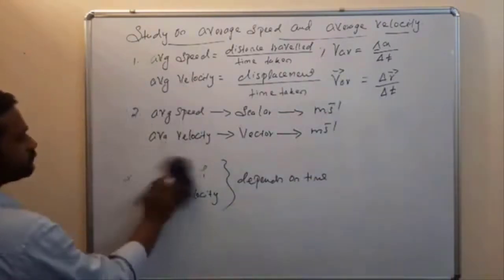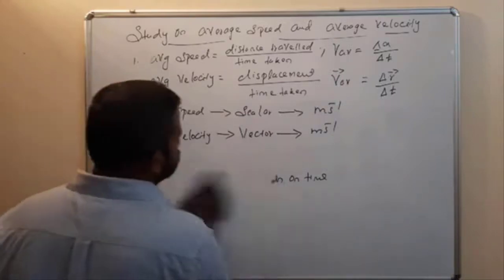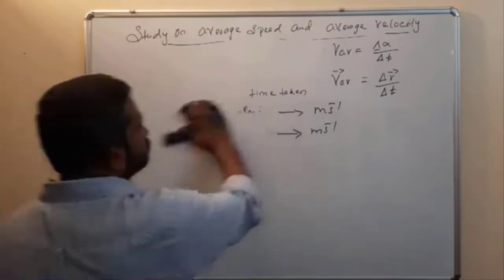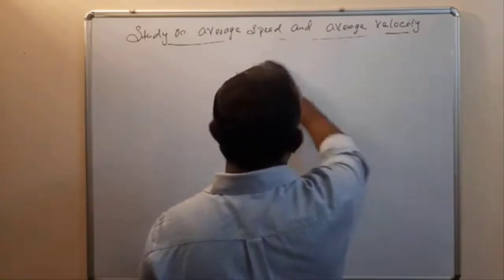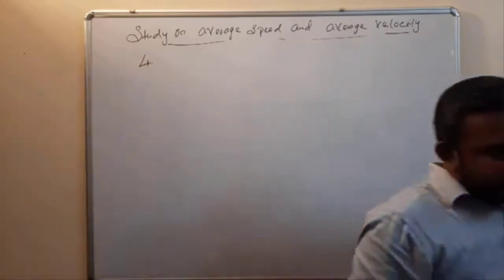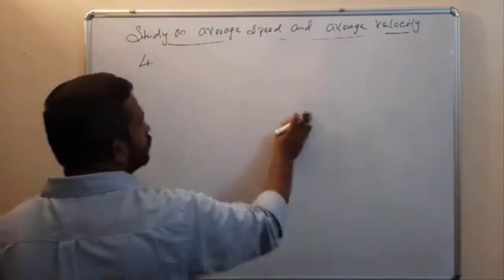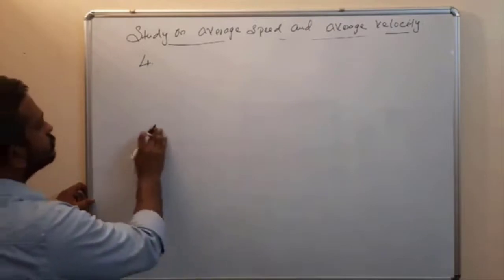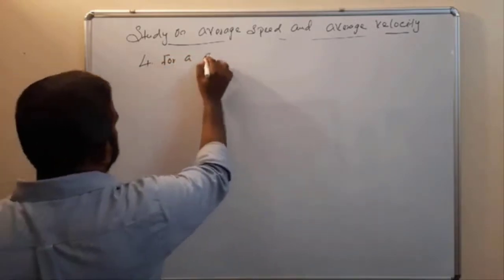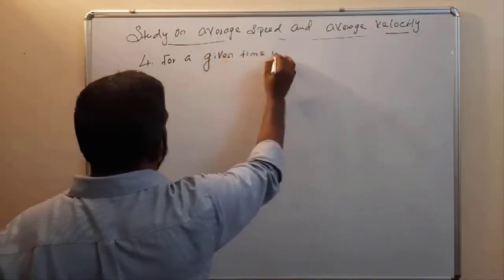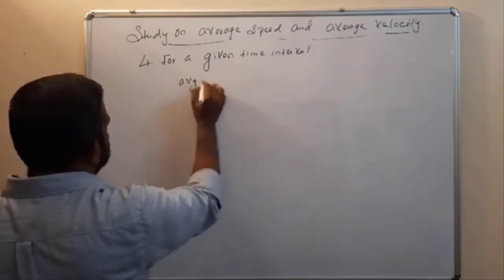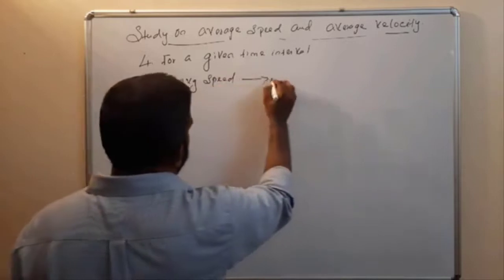Then fourth point. For a given time interval, okay, for a given time interval, average speed has multiple values.